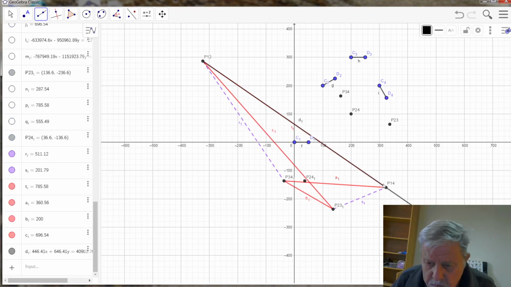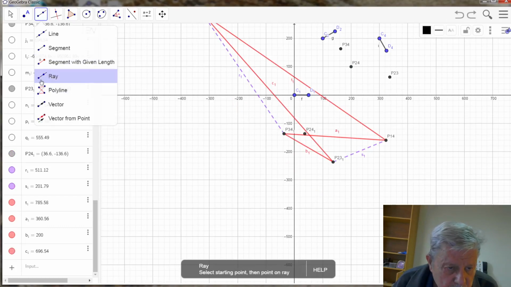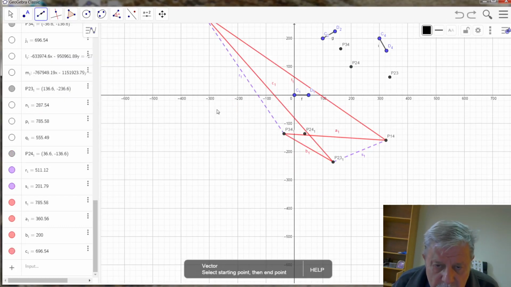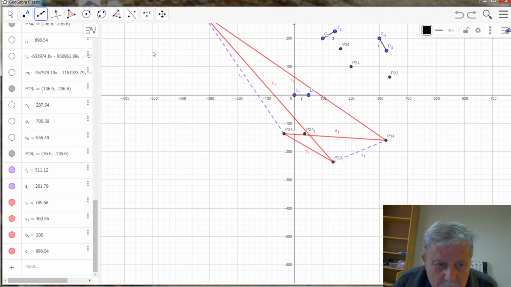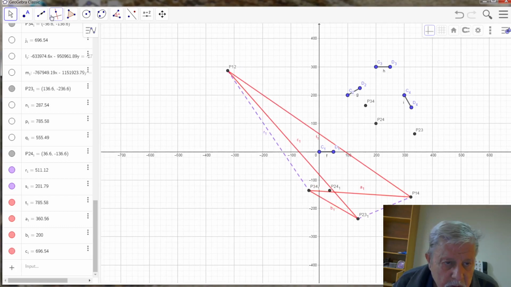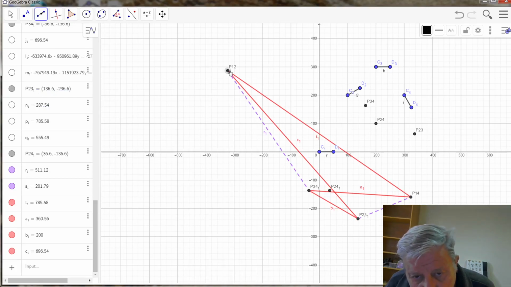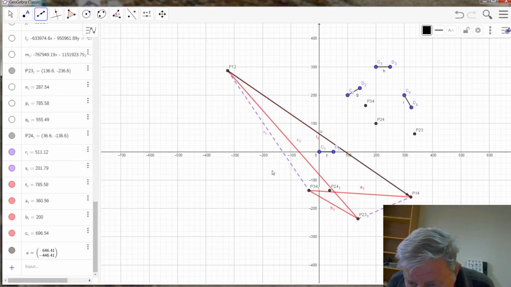Oh, no. I have to use this vector. First I will pull it down and then use this vector. Going from, this is side 1, 1, 2, 1, 4. Going from 2 to 4, this is the vector. Going from 2 to 4 in the opposite side, notice 2 to 4, this is the vector.